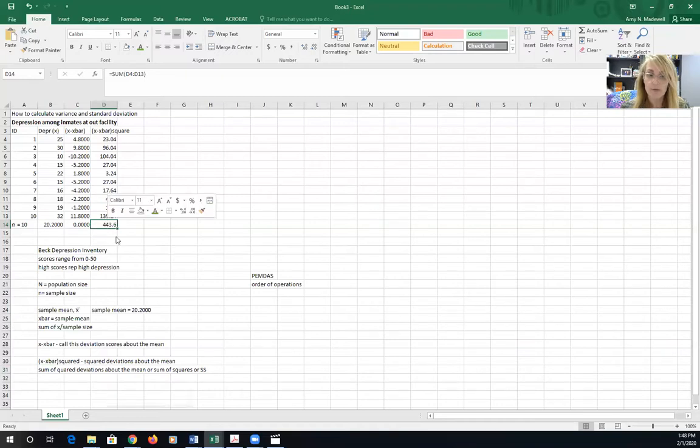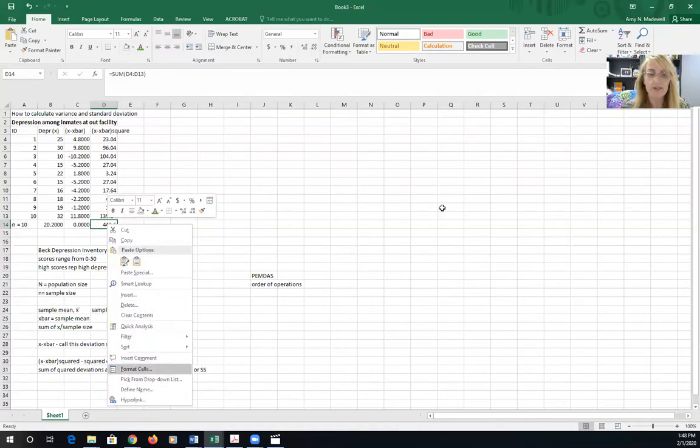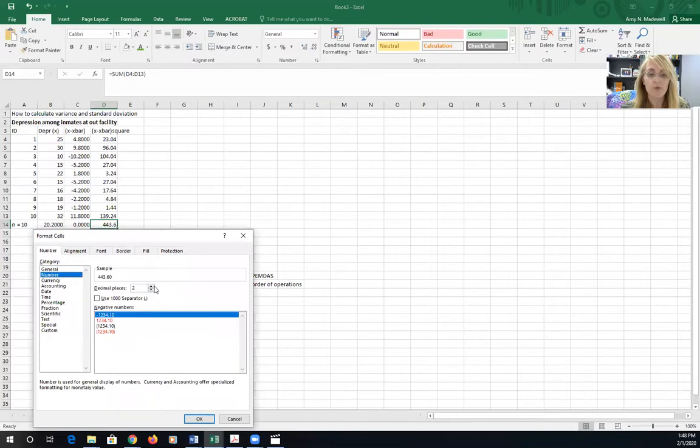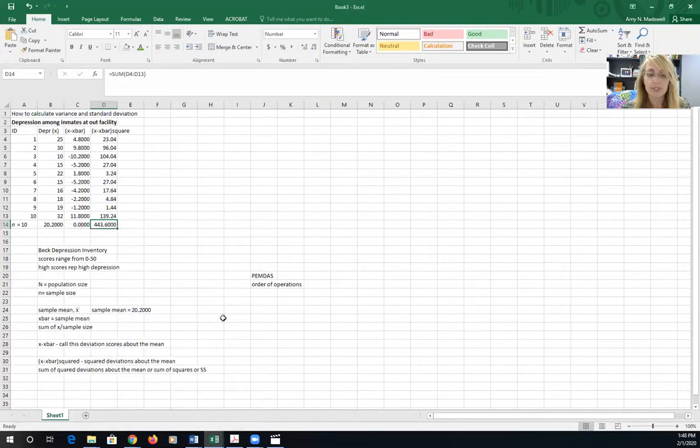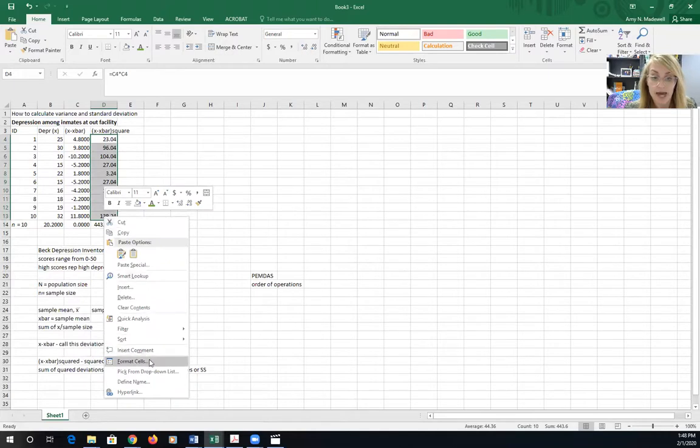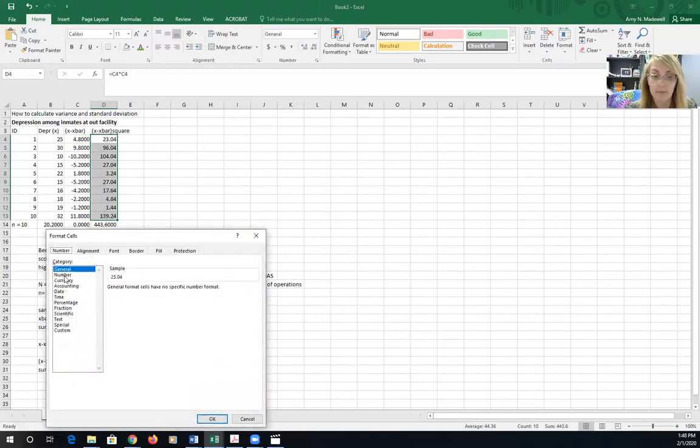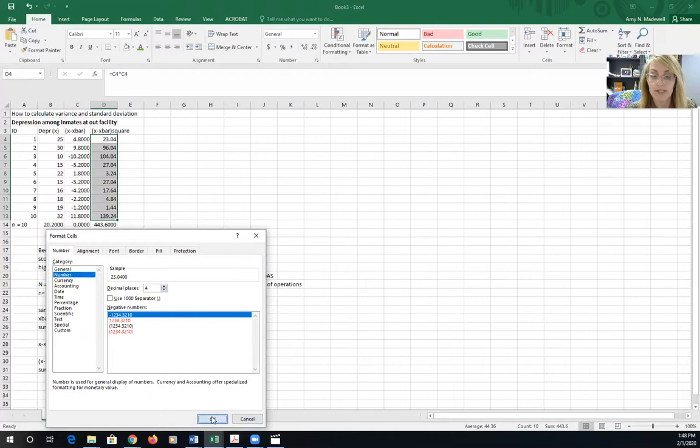There is one problem here. We need to format these cells to calculate to 4 decimal places, just to make sure that we're being as accurate as possible. We'd like to do that throughout our entire formula. So let's do that. Format, number, 4 decimal places.